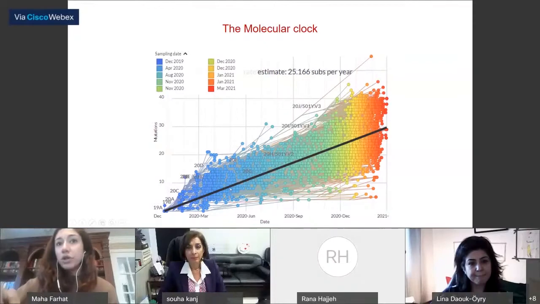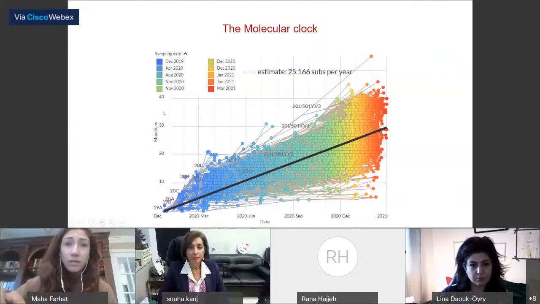So I'm showing you here a plot called a root-to-tip regression, where I'm showing you the distance in SNPs, mutations, on the y-axis. So the count of how many SNPs develop from a root, from some reference or original viral sequence. In this case, these are all SARS-CoV-2 sequences. And on the x-axis is time.